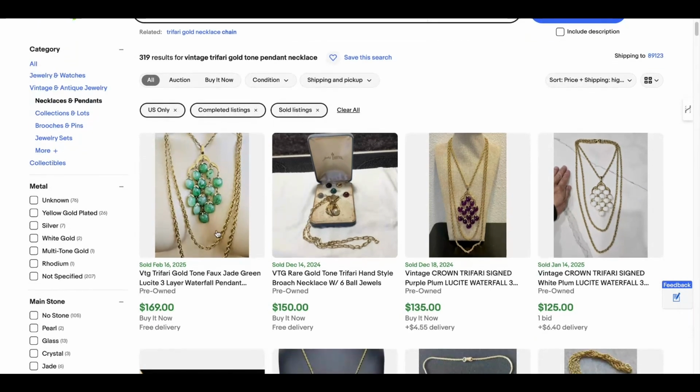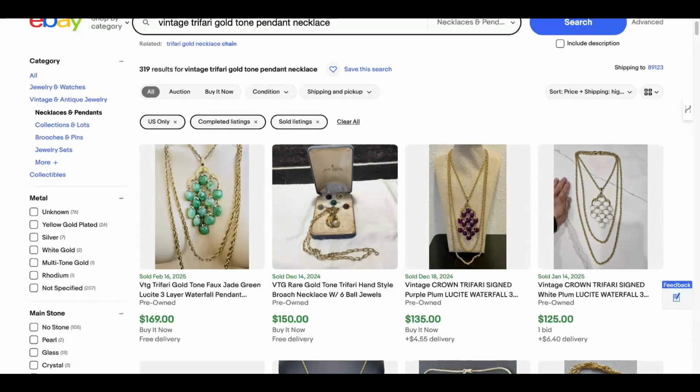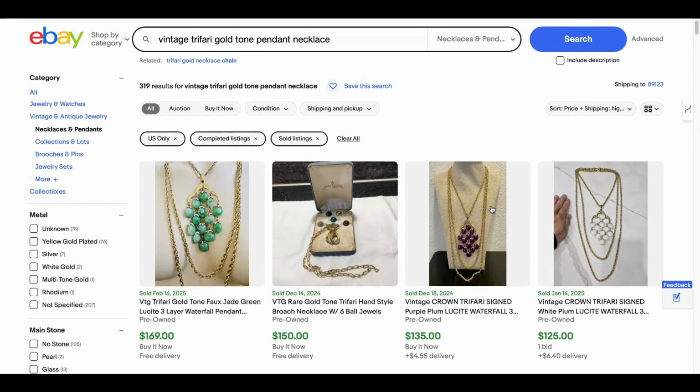But what I'm learning is that the more information you give, sometimes that will hurt your search results in the beginning. So you don't want to be too specific, but you do want to be specific enough that the results you're getting are relevant and similar to the piece you're trying to research, or the piece you are trying to figure out what to price it at.